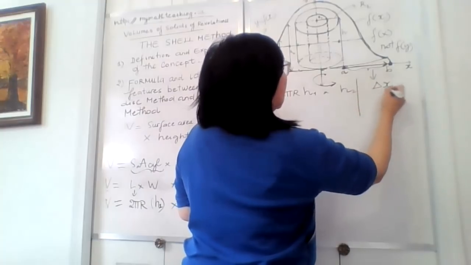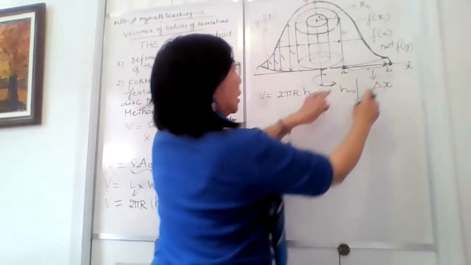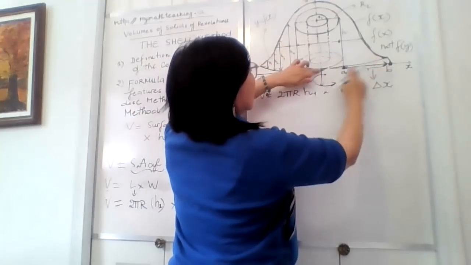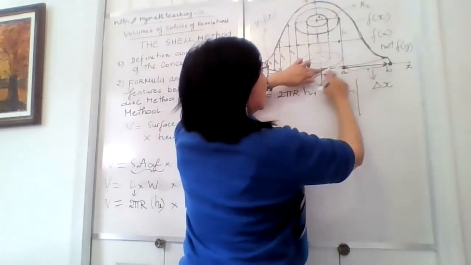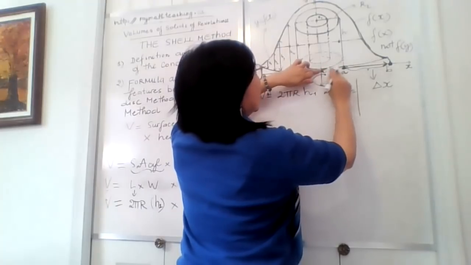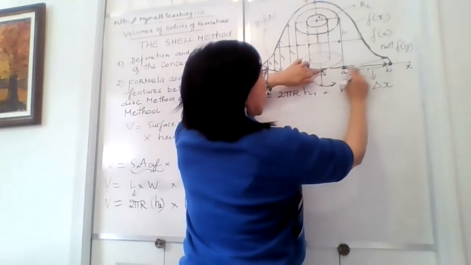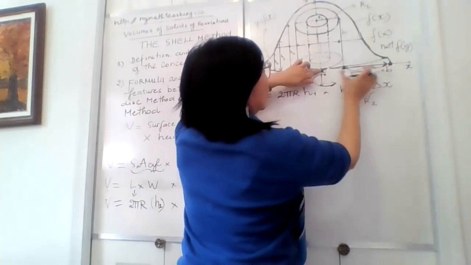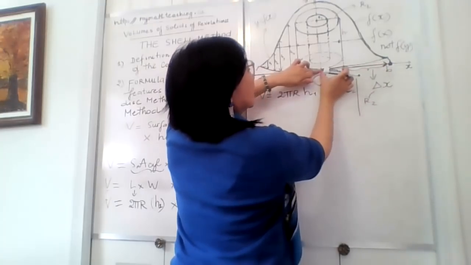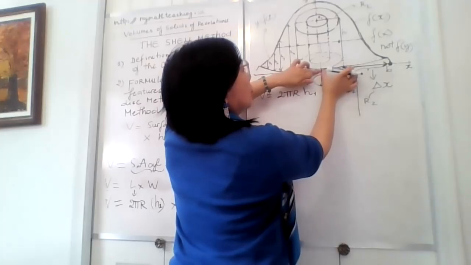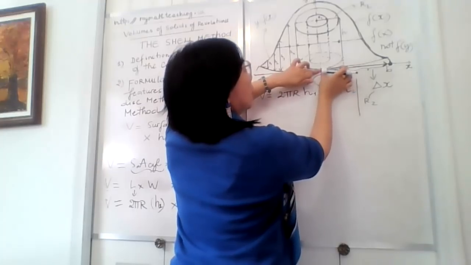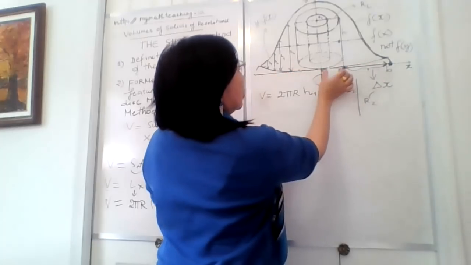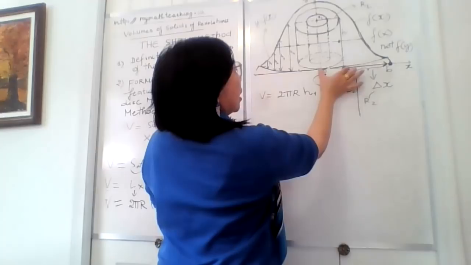Okay, so this is delta x. And this radius is built based on the big radius from the zero origin here all the way from here to here. We call it R2, right? Minus, as long as we generate from inward to outward, right? That's why we say generate from inward.